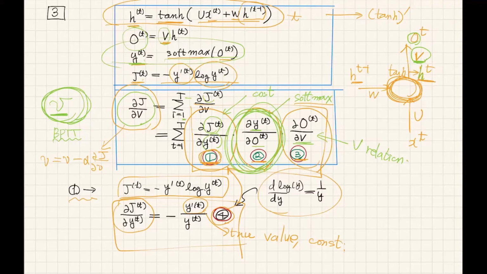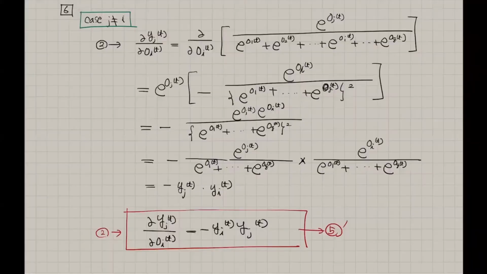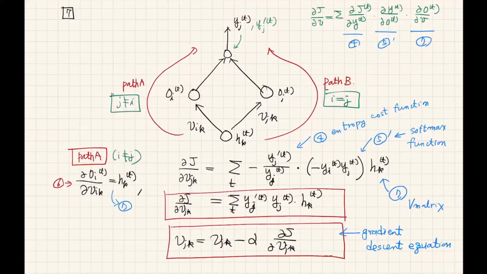The last term we have to derive is the derivative of the output function with respect to vector V. Now we have the hidden layer that is connected to the output layer using the matrix V, and that is going to contribute to Yj through the softmax function. So you remember that this is what we have to derive in this equation.